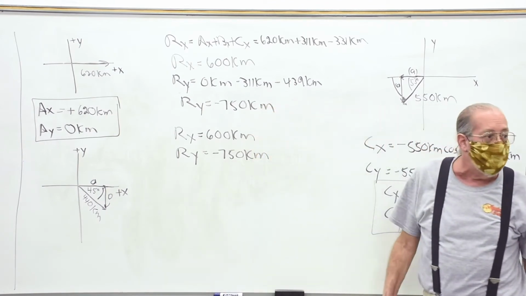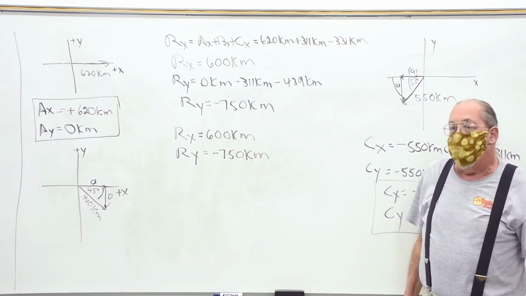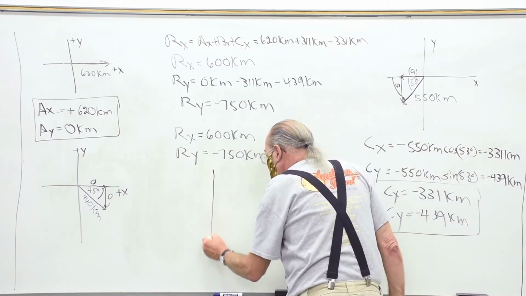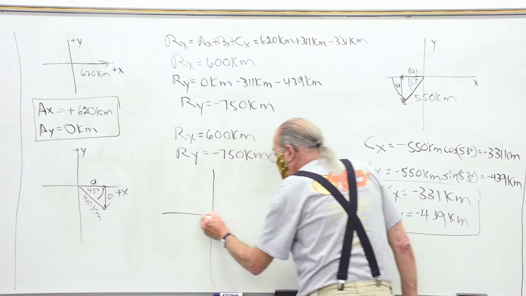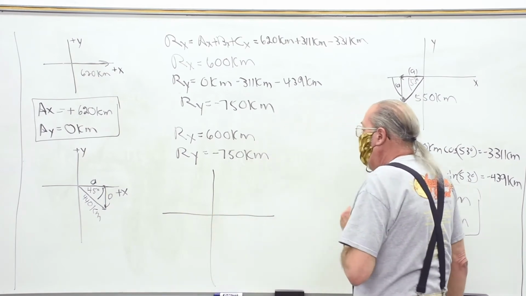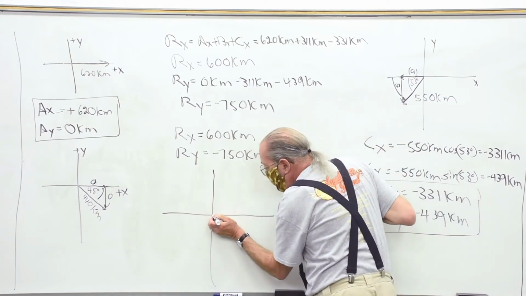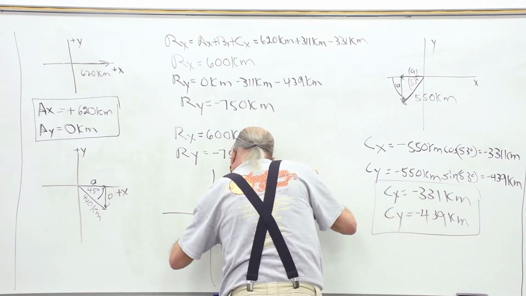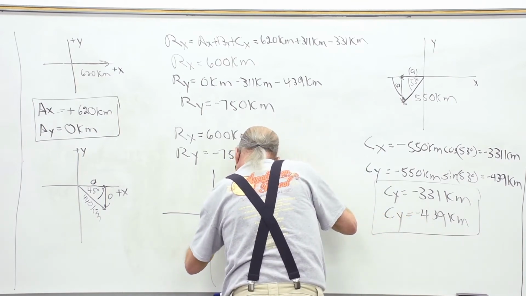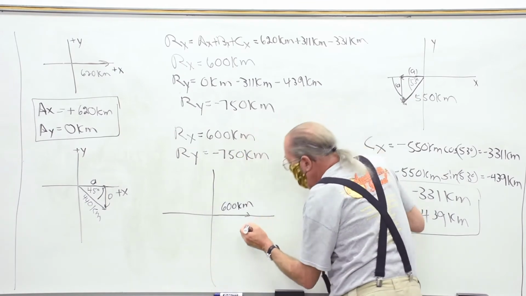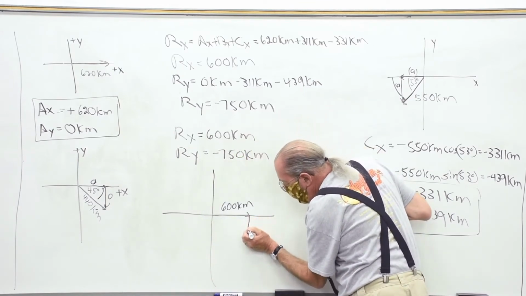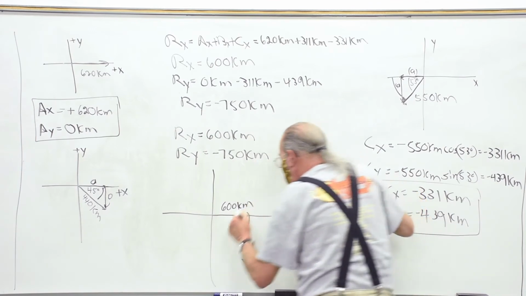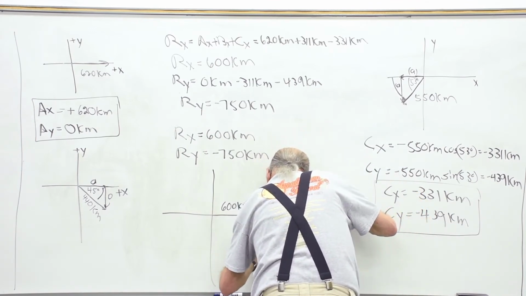Next and final step is draw the x and y components of the resulting vector. So we go 600 kilometers this way, and then we have to go 750 kilometers this way. I made that a little bit longer.